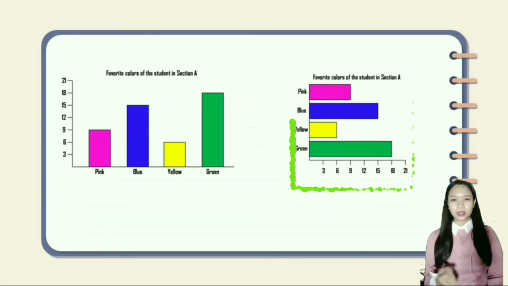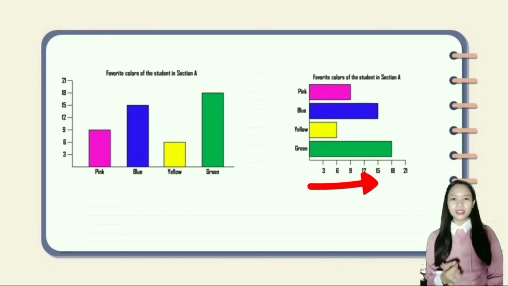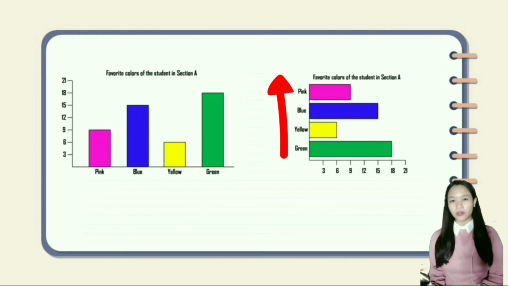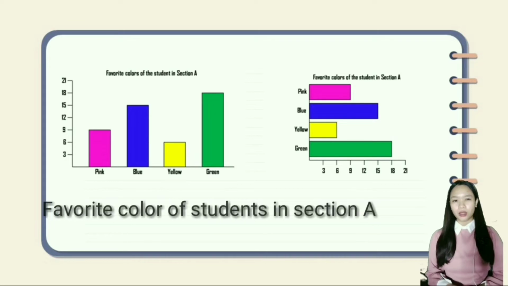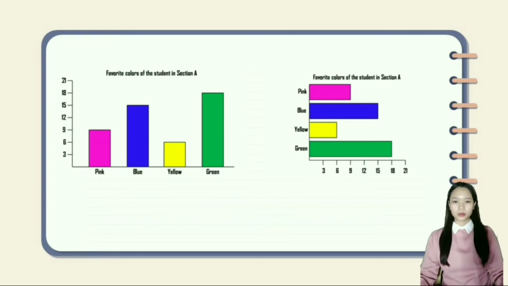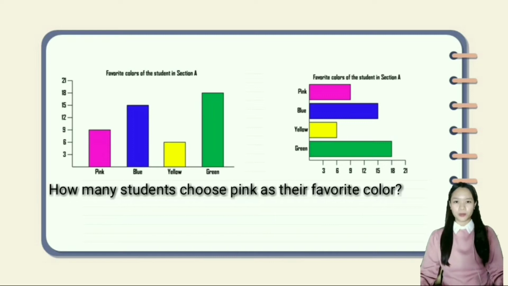In a horizontal bar graph, what information is placed along the horizontal axis? Correct, the number of students. How about the vertical axis? Correct, the favorite color of the students in Section A. How many students chose pink as their favorite color?